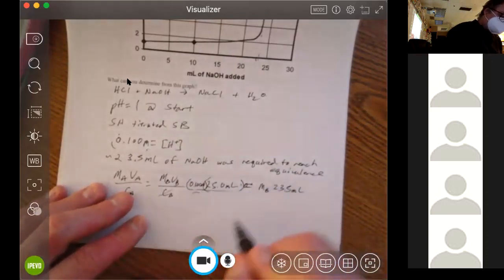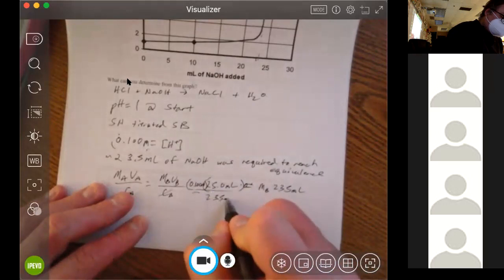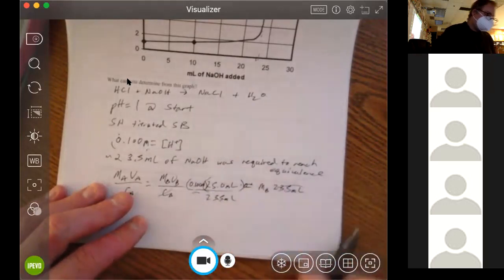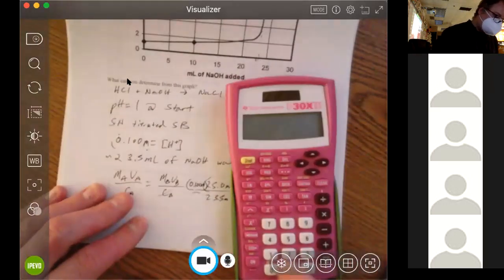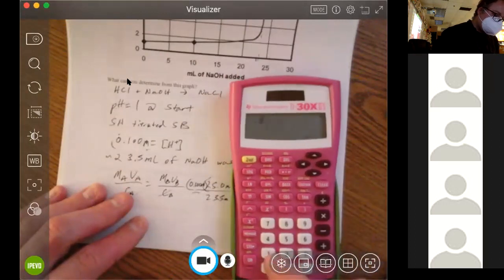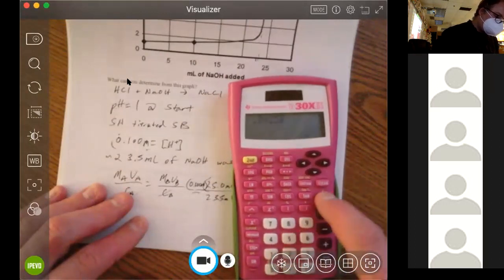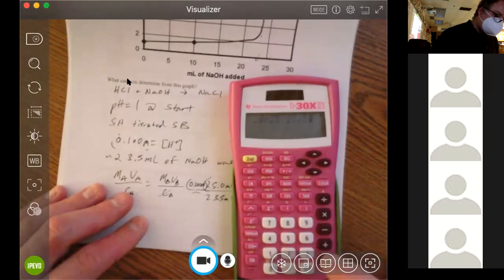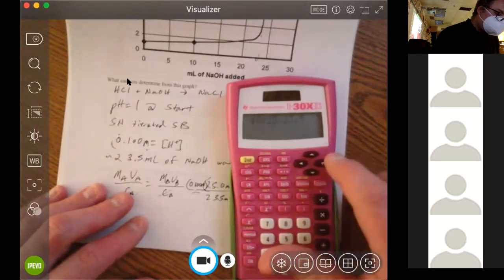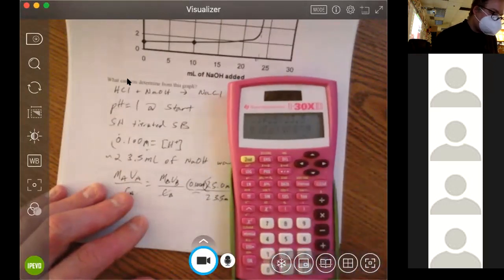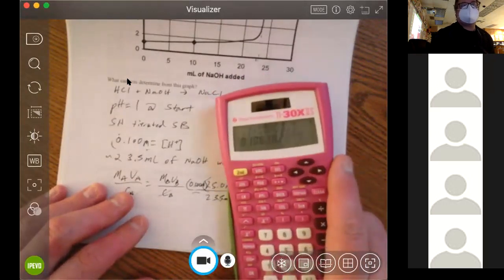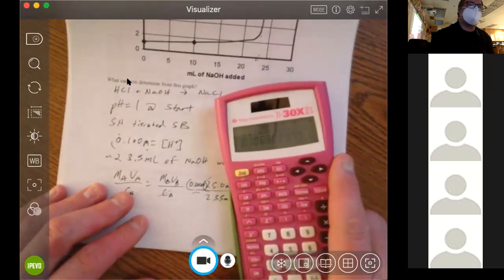So we divide both sides by 23.5 milliliters: 0.1 times 25 divided by 23.5. And there's where that 0.106 came from that we were using the math from before.